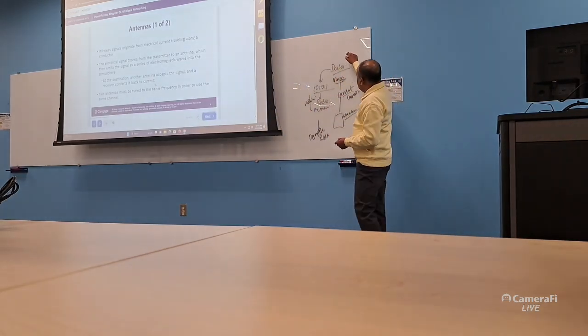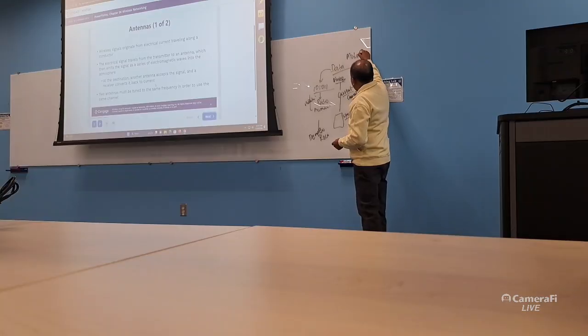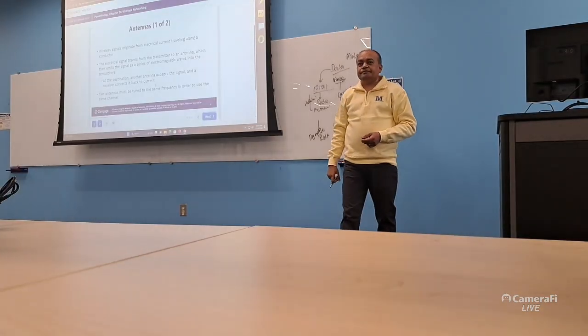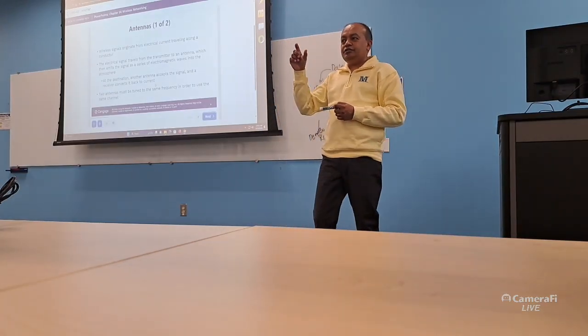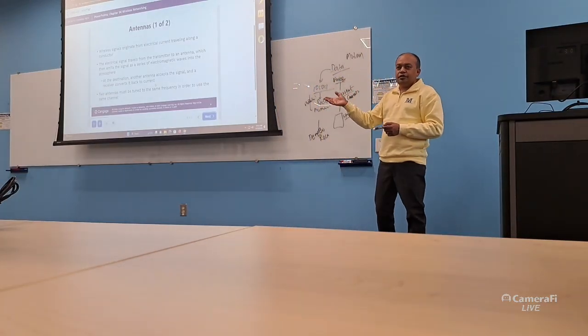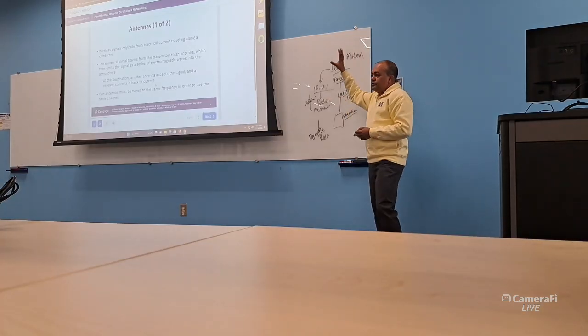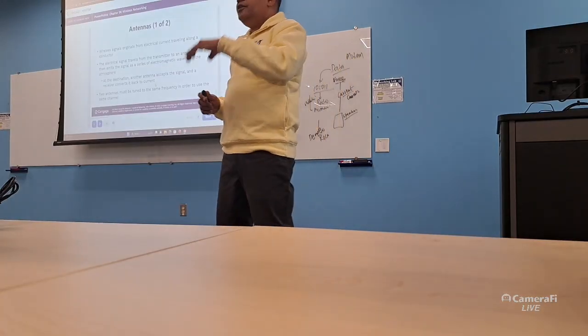Modulation and demodulation are happening on both sides. That's what your modem is doing. Modem, M-O-D-E-M: DEM is demodulation, MO is modulation. Every modem is capable of doing modulation and demodulation at both sides, because any device can be sender or receiver at the same time.